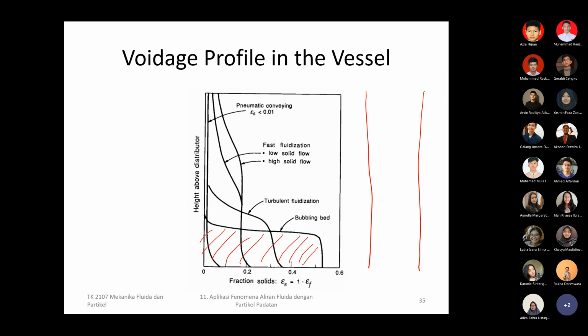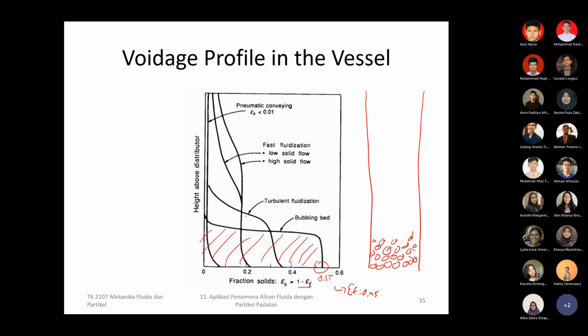So the 1 minus epsilon here is, what's the number here? 0.5, 0.55 probably. So the epsilon itself is 0.45. So you can imagine it looks like a bubbling bed. You still have quite dense particles, especially the bigger particles.